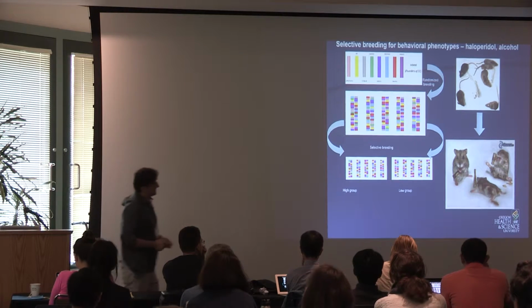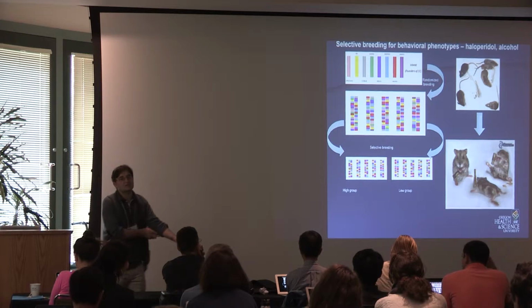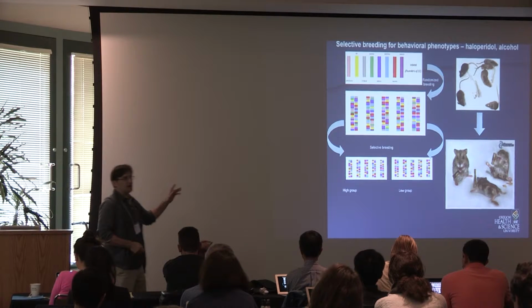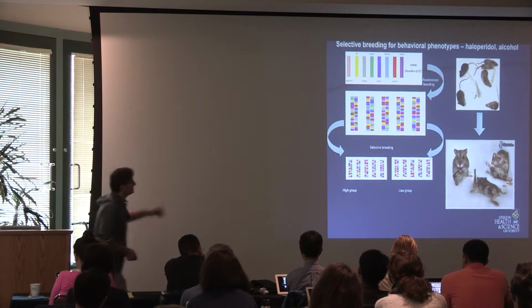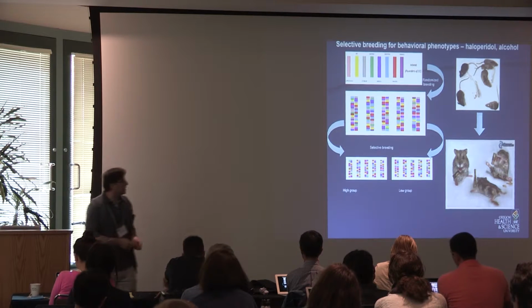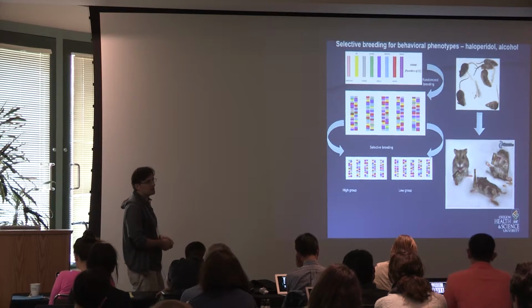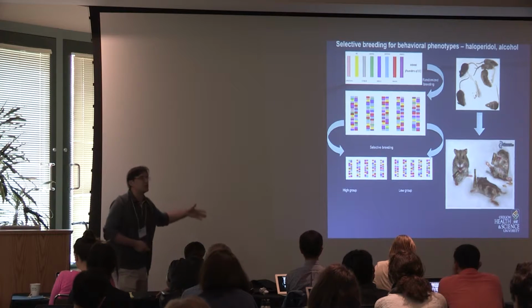All these effects that I'm showing you for the haloperidol group are even stronger in these alcohol-sensitive mice, because they were bred for alcohol for possibly 20 generations, but for haloperidol we just went for 3 generations.